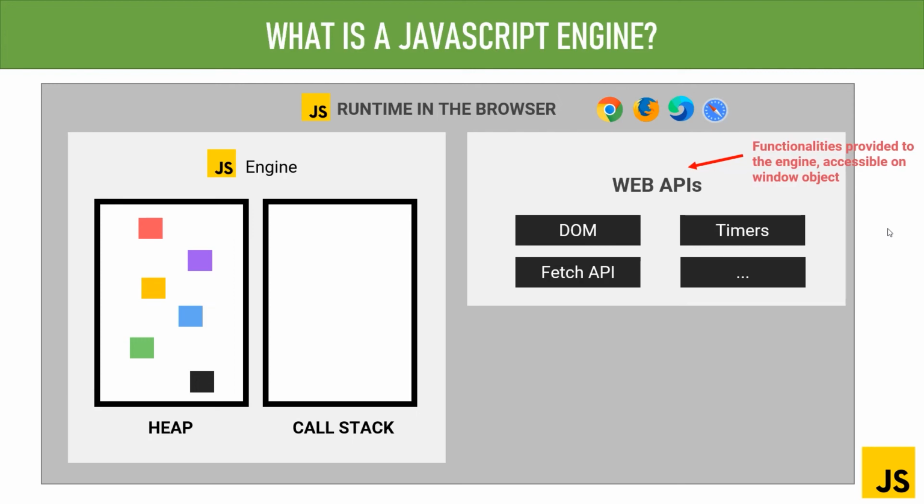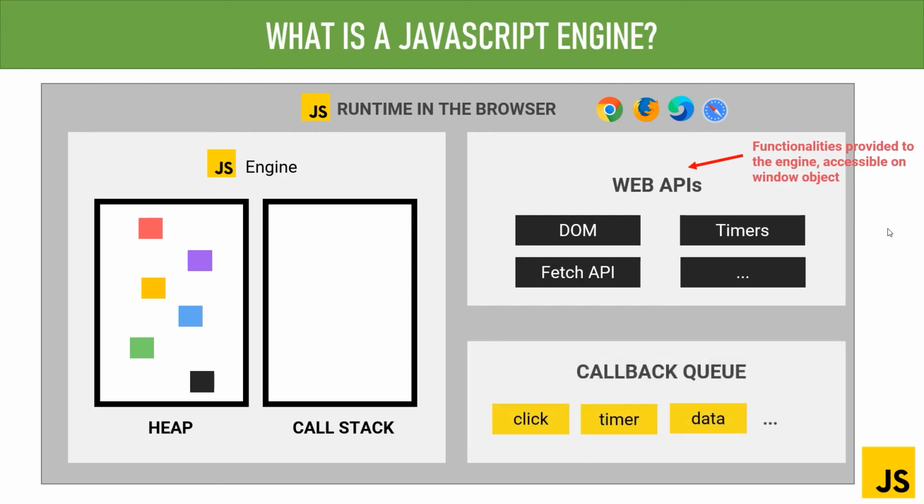JavaScript simply gets access to these APIs through the global window object, but it still makes sense that the Web APIs are also part of the runtime, because again, a runtime is just like a box that contains all the JavaScript related stuff that we need. Next, a typical JavaScript runtime also includes a so-called callback queue.